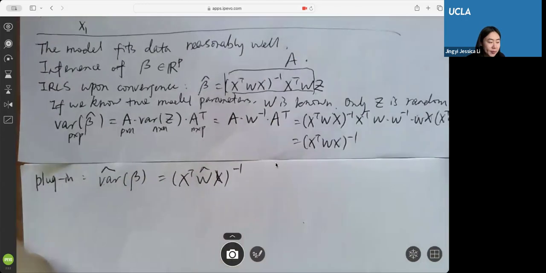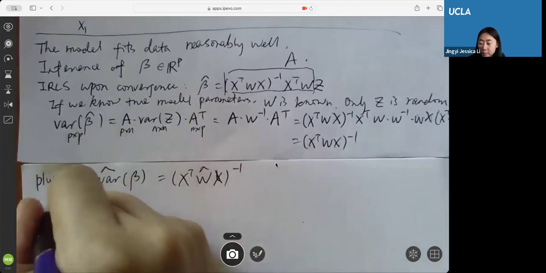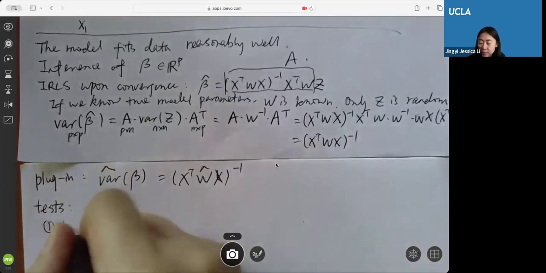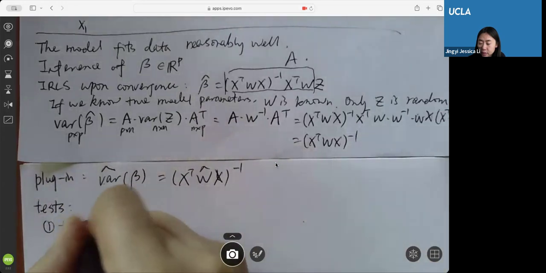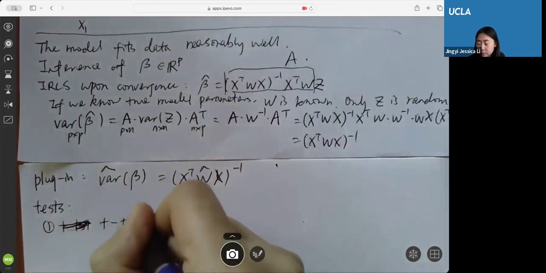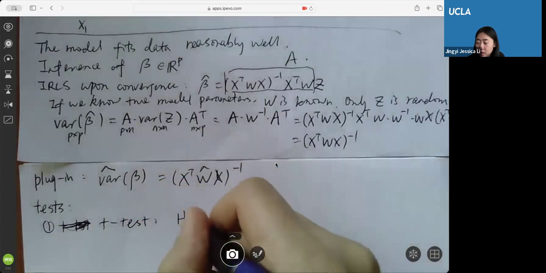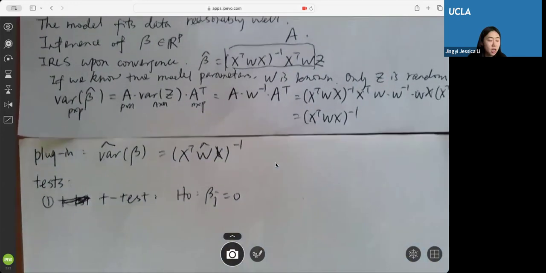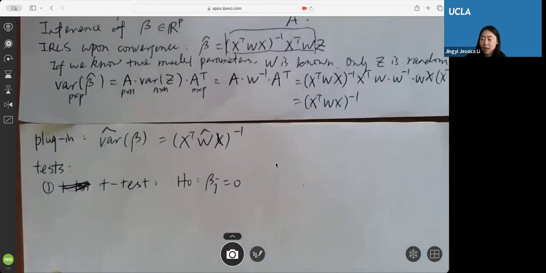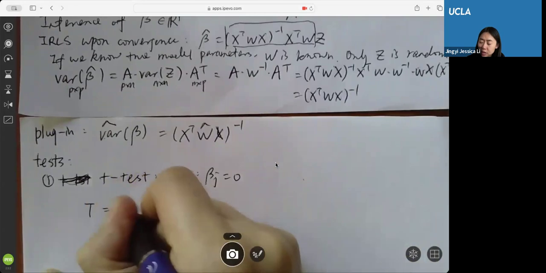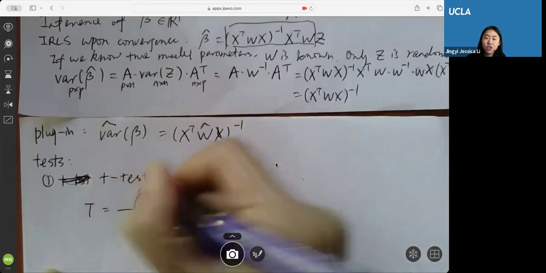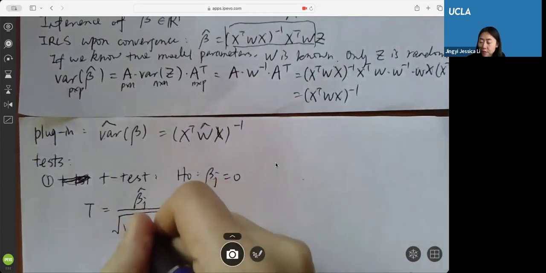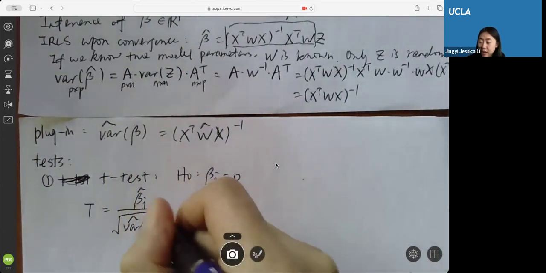Including the tests we can do. The first one, the t-test, where the null hypothesis is beta j being 0. In this case, the t statistic would just be a normalized version of beta hat j over the root of the variance hat of beta hat j.